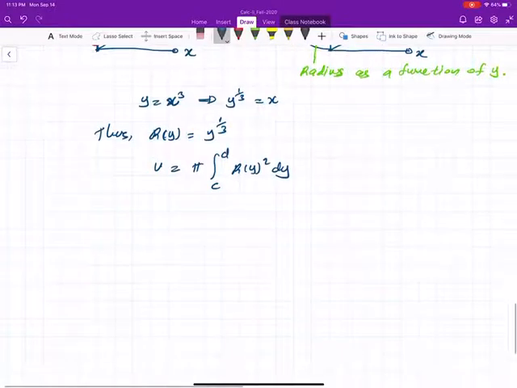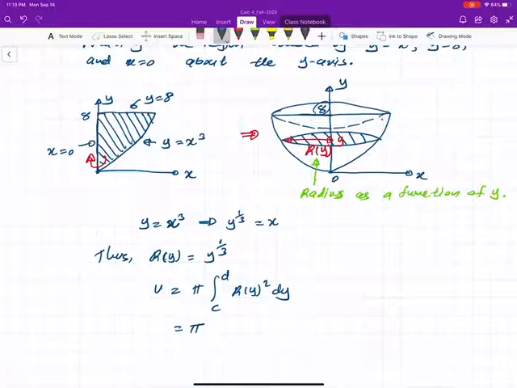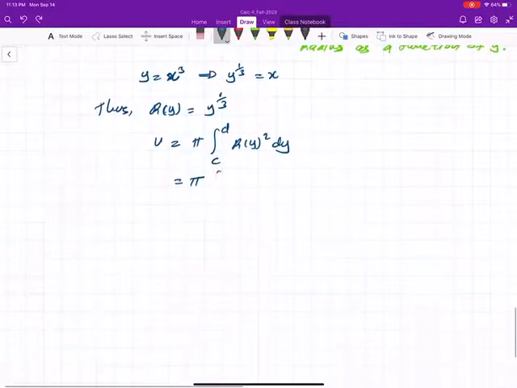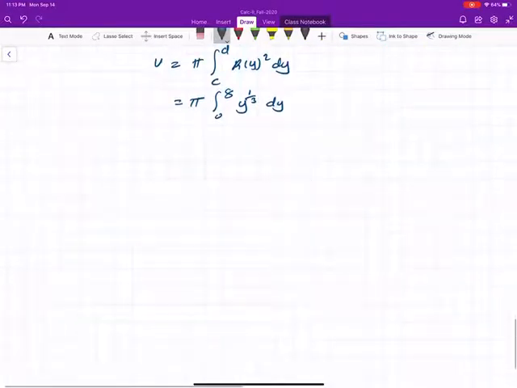This is pi, c should be 0, d should be 8, 0 to 8, and then the radius should be y to the power 1/3 dy. That is the power rule for integration.